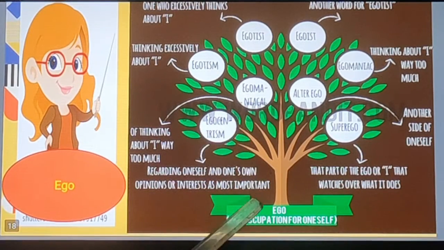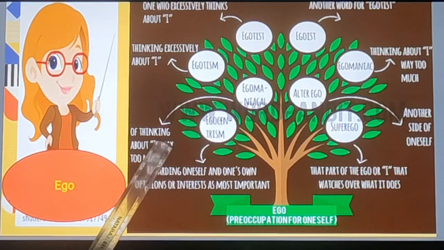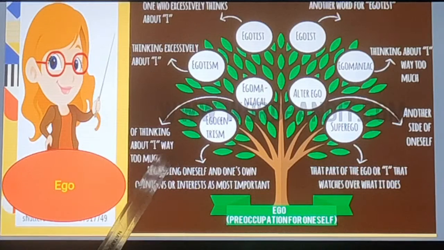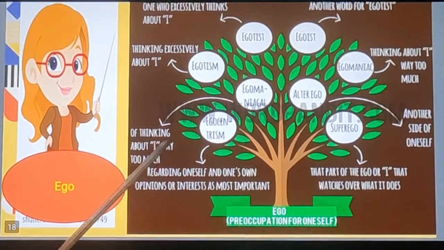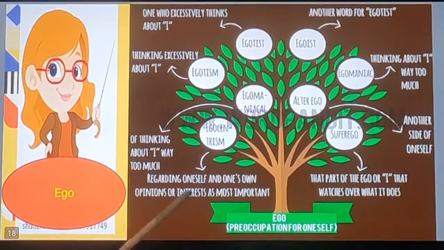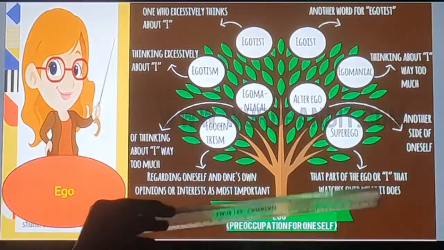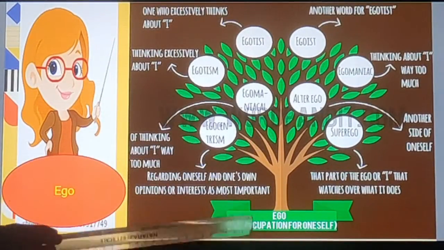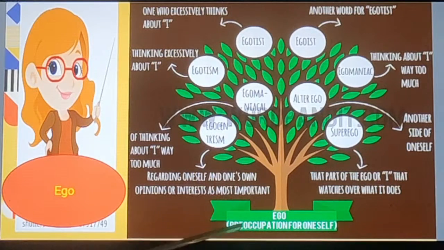And egomaniacal. What is the meaning of egomaniacal? Of thinking about I way too much. These words also explain selfishness and one's own side of thinking. That is called the ego.